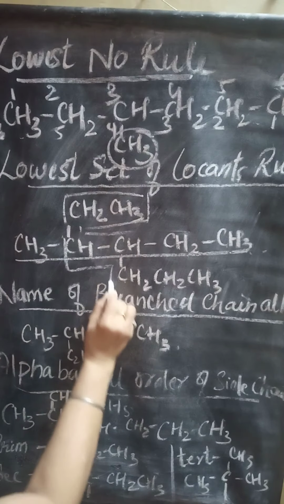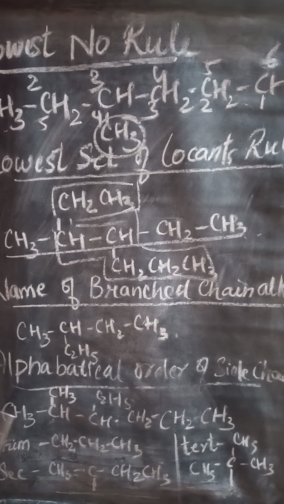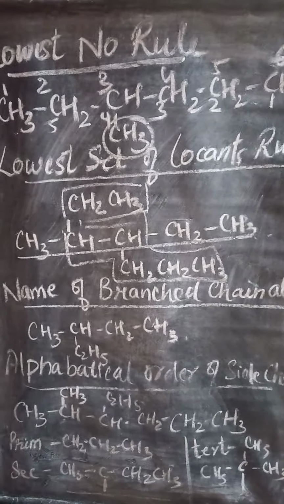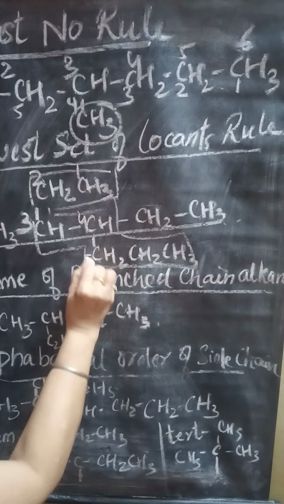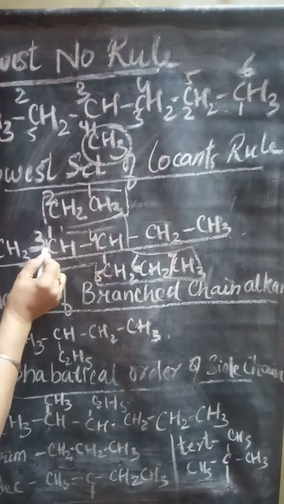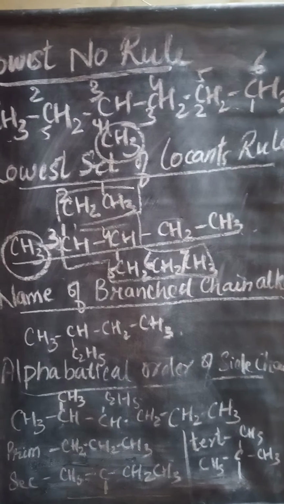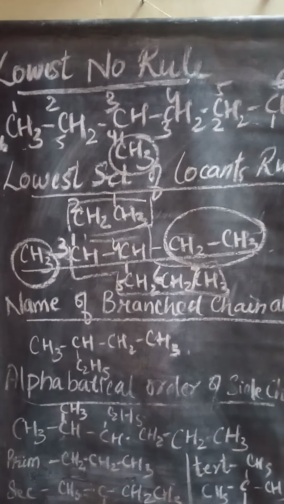That means this one you have selected, and now you have to see the numbering from where you are giving. So when the numbering is done, you will say 1, 2, 3, 4, 5, 6, 7. While numbering, you see that at the third carbon one substituent is attached, and at the fourth carbon also one substituent group is attached.